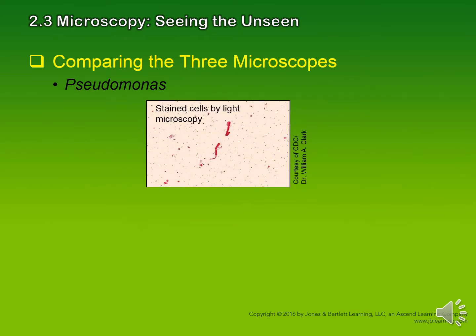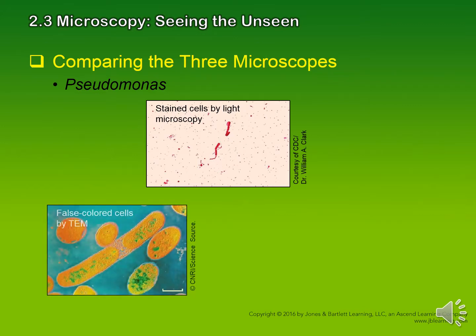Now, I kind of like this slide, just to show you how different types of microscopes can give you different insights. If we look at some Pseudomonas, here we're looking at a standard light microscopy and seeing all the very, very small cells in this slide.